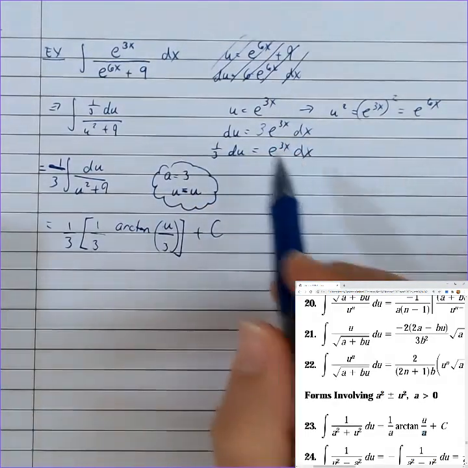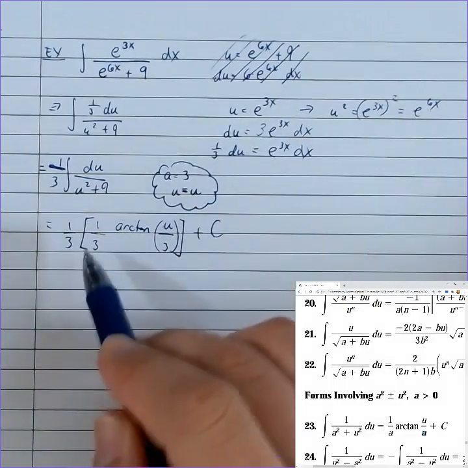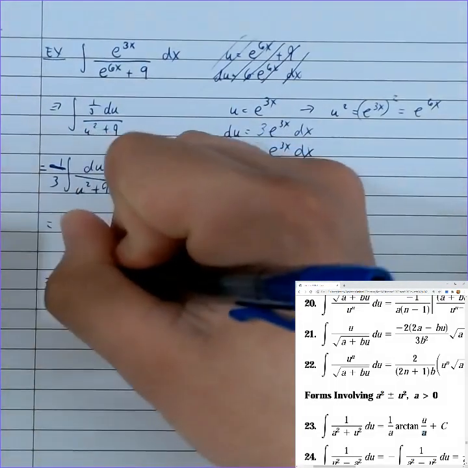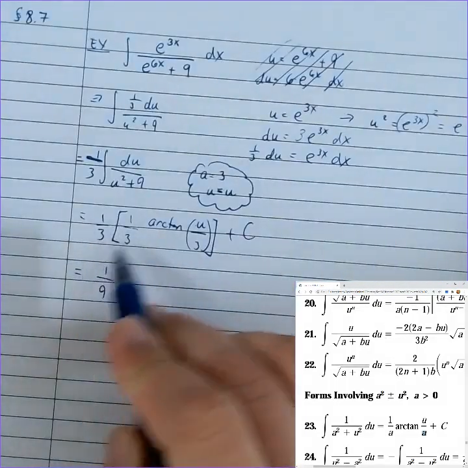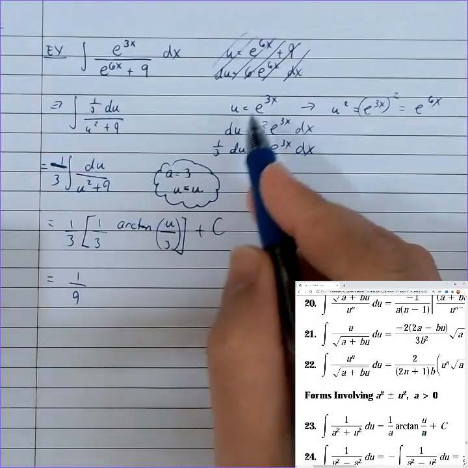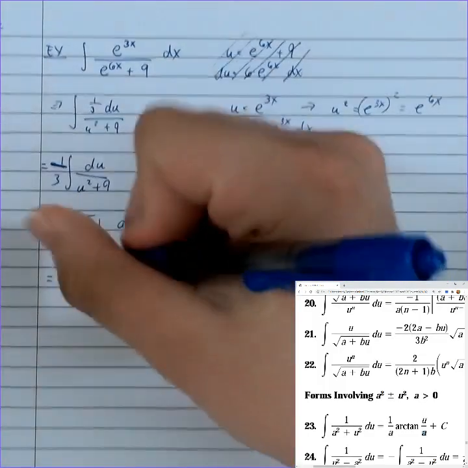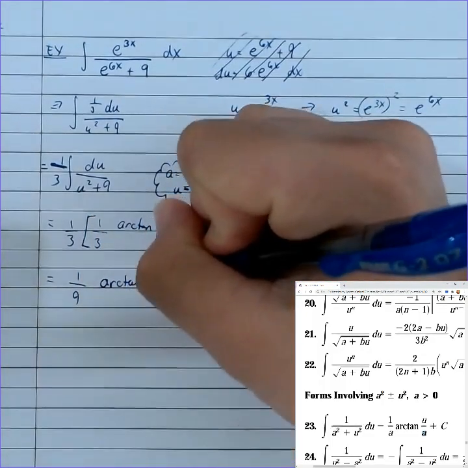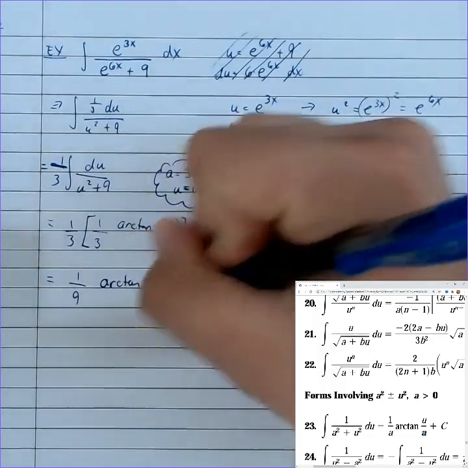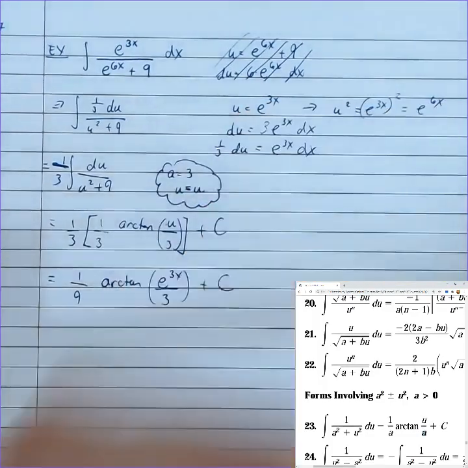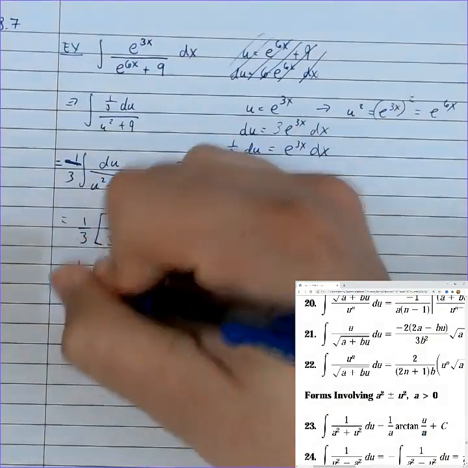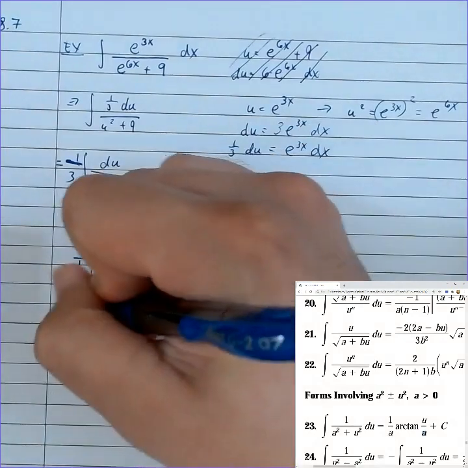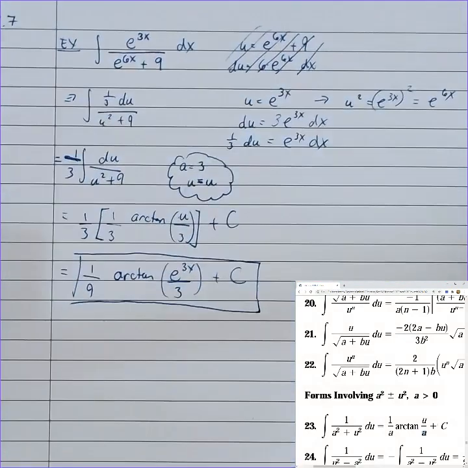And finally, we can take that u that we substituted in and back substitute. So this will give us 1 over 9, multiply these together, the arctangent of e to the 3x over 3, plus our constant of integration. Just like that.